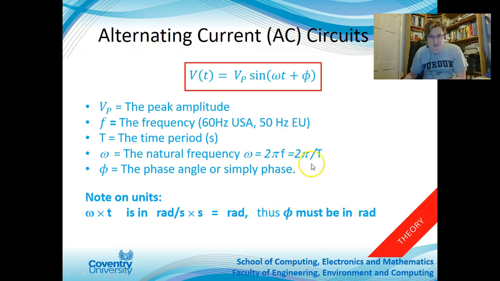With the time t, you can find the instantaneous voltage at any point in time. Then phi is the phase shift. Typically, a voltage supply is set to 0 degree phase, which makes it easier to calculate the phase shift induced by the components in an AC circuit. That's the main part, and that's how you do it mathematically.